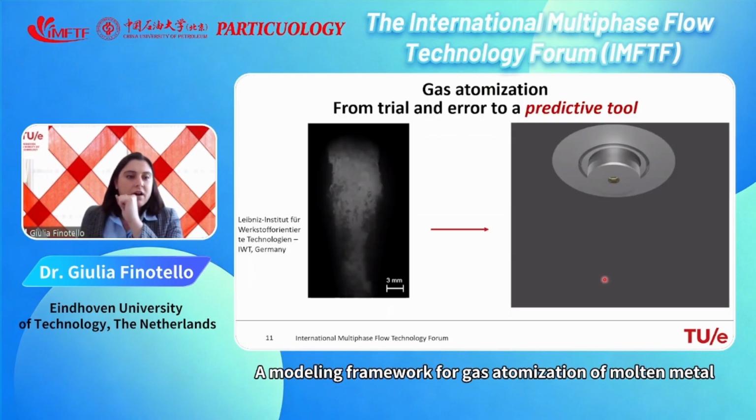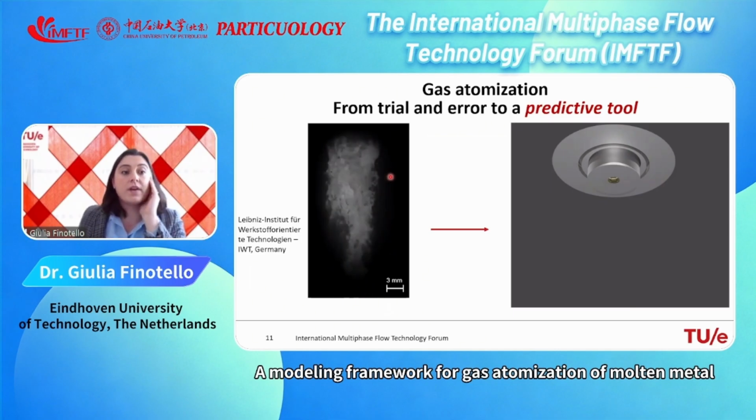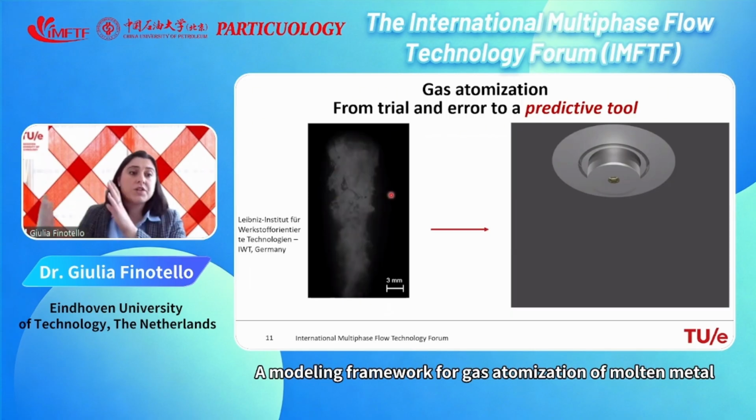And here on the left, you can really see a nice recording from colleagues at the Leibniz Institute in Germany. Here you see the few millimeters of the atomization process very close to the nozzle. You see the interface is deformed, the molten stream is shaken.